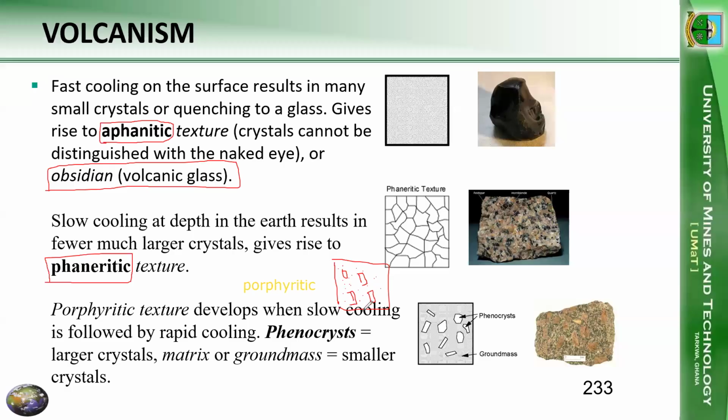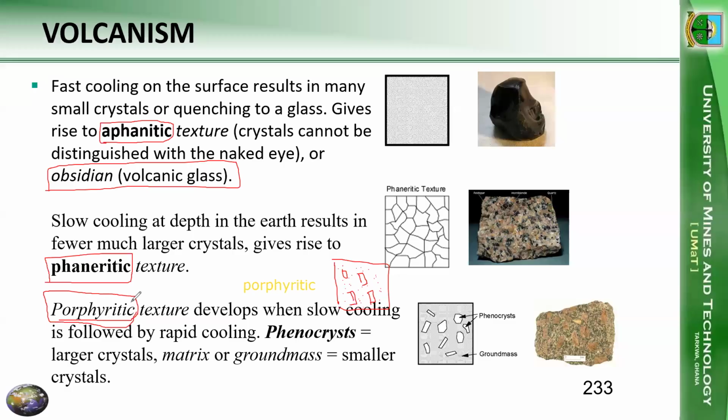In this case, we are having this kind of smooth texture. So here we have coarse grains surrounded by fine matrix. And that is what we call the porphyritic texture.